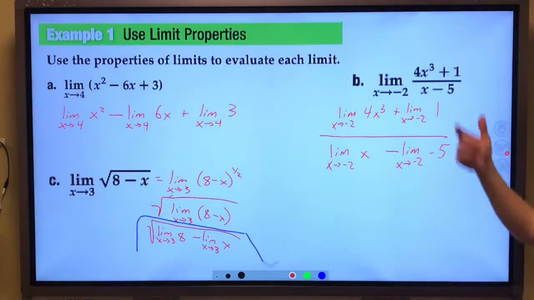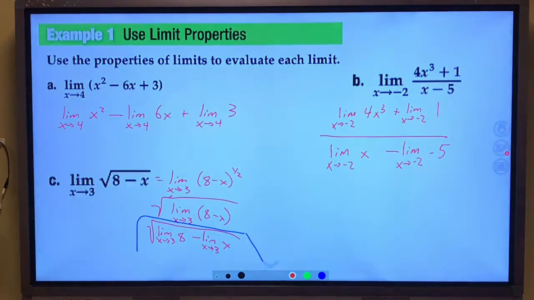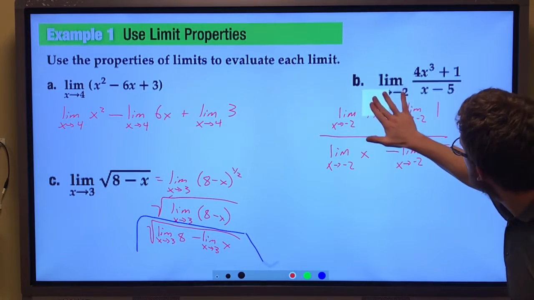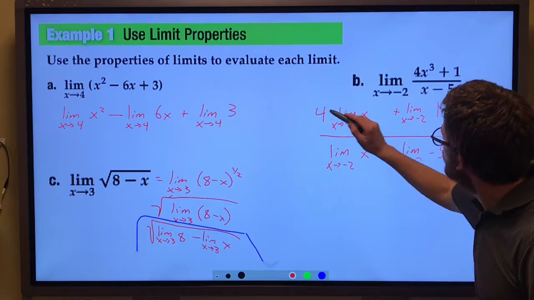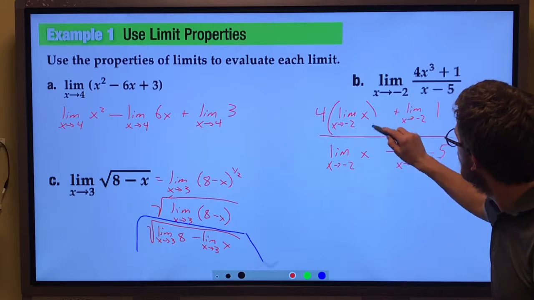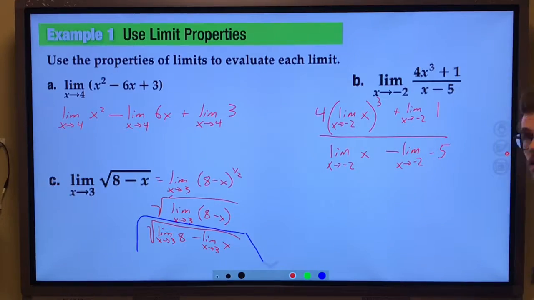We could take the limit of essentially the top and the bottom, and I can see here that we could bring that 4 out to the front, we could keep the x, and because that's being cubed, we could cube it.